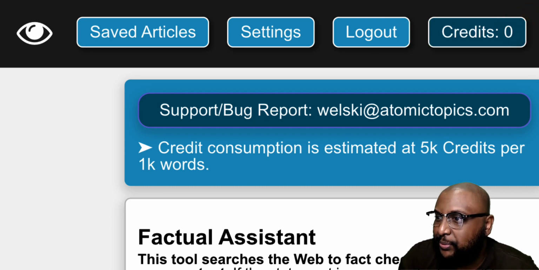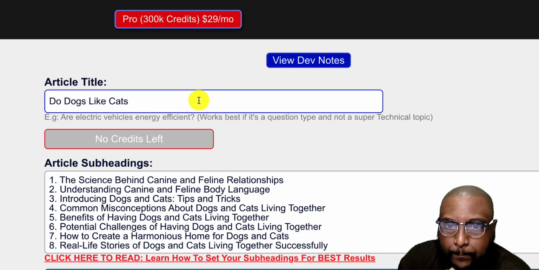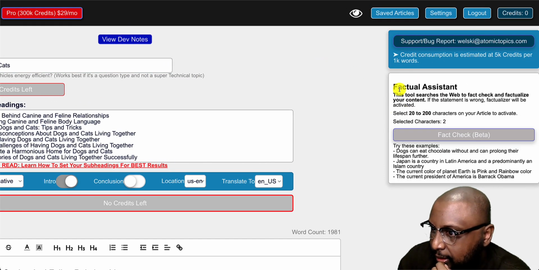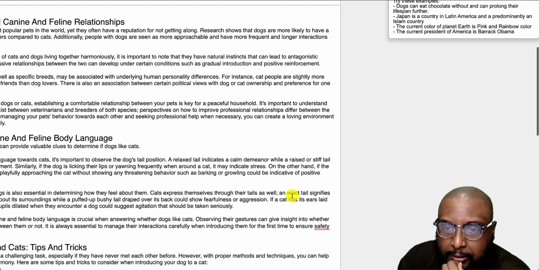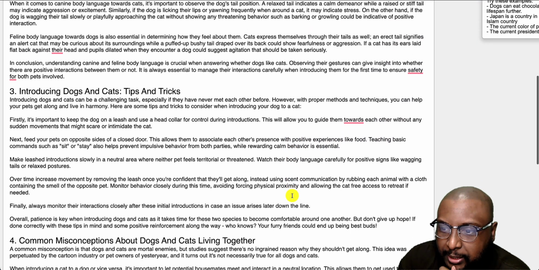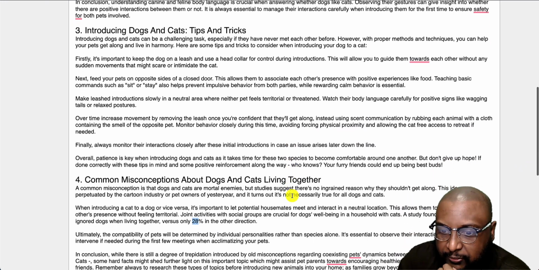So unfortunately, I won't be able to do another test at this point, but we could do a fact checking assistant, I think, right? Select 20 to 200 characters of your article to activate. All right, let's activate the 28% of dogs fact right here.